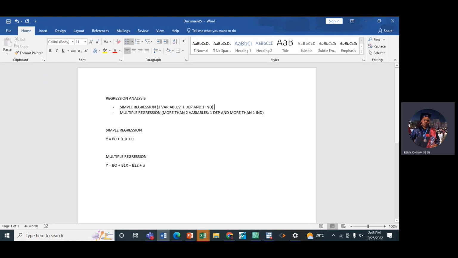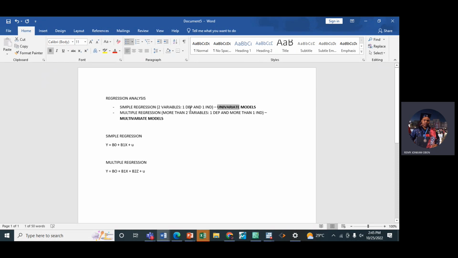So these simple regression models are basically at times called univariate models. While these multiple regression models, at times we call them multivariate. Univariate, why?